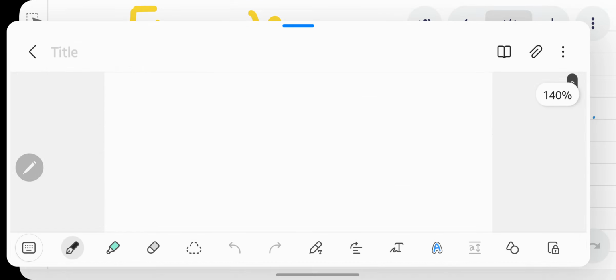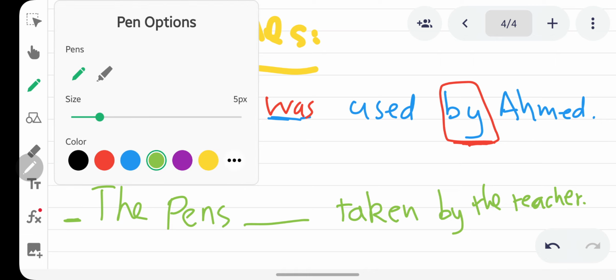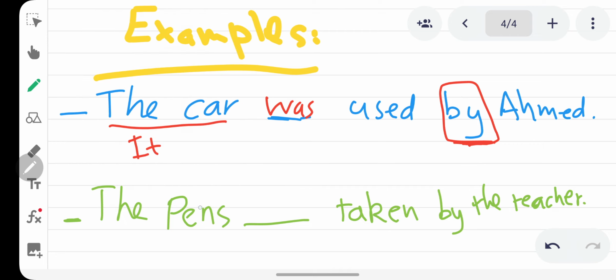Okay, now we have the bins, then taken by the teacher. Now the answer here, as we can see again, we have bins. Bins is plural and the pronoun is they. So directly after they we need what? Were. So this is how we have some examples.